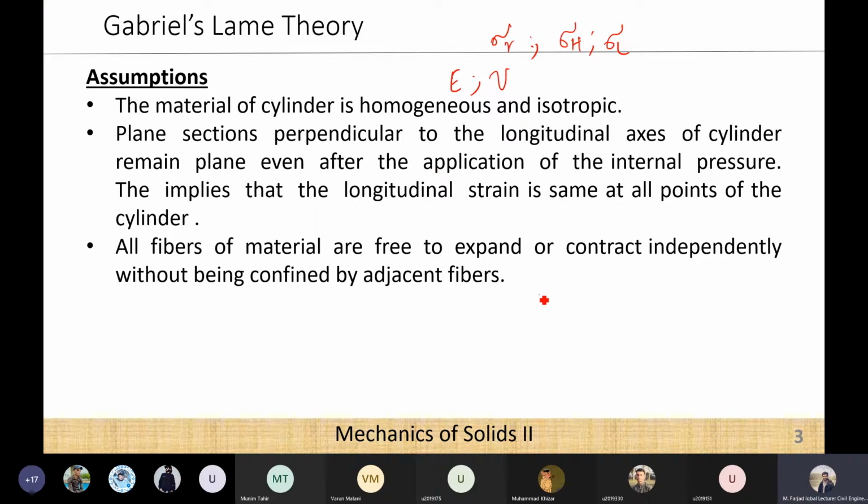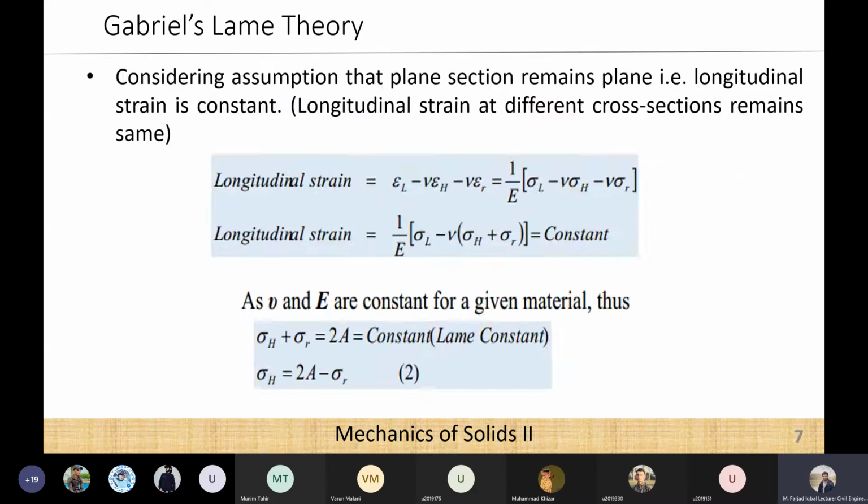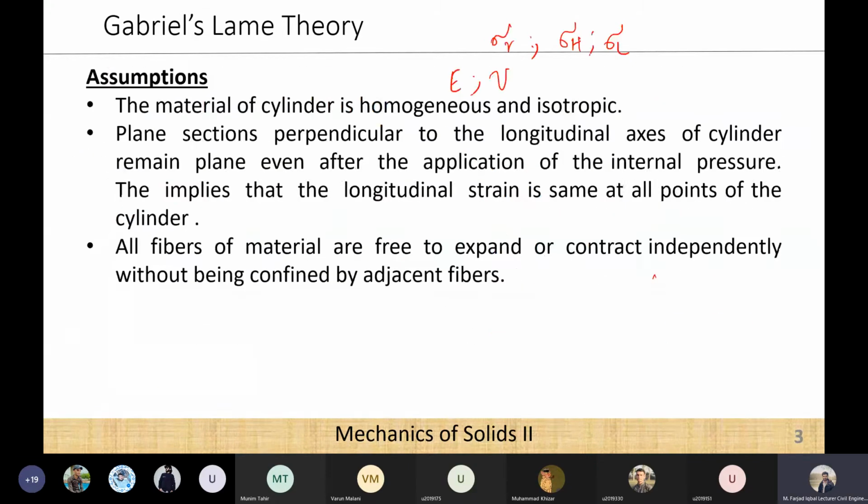Now, if this is the cylindrical body, and I cut a cross section, let's suppose this is our cylindrical element, and these are the longitudinal stresses acting over this cross section. Due to these stresses, it tends to elongate, but the plane section will remain plane after the application of pressure.